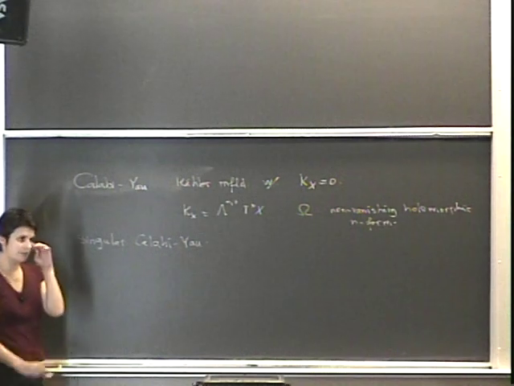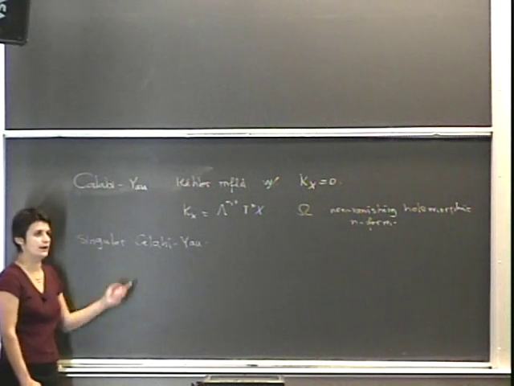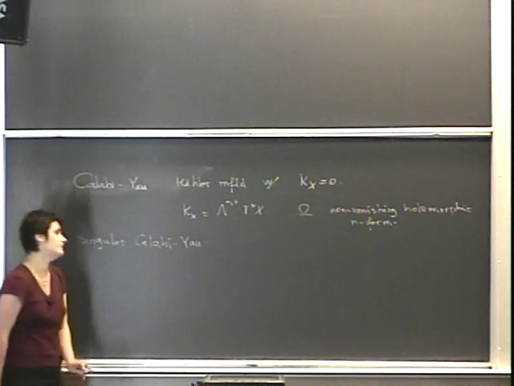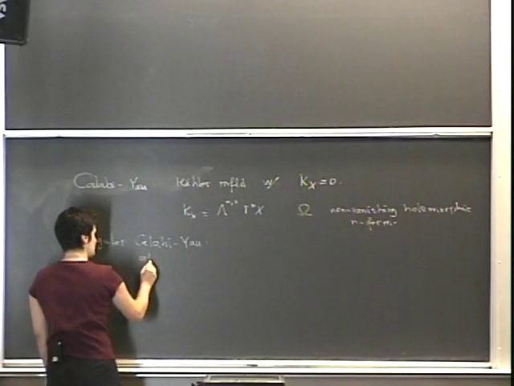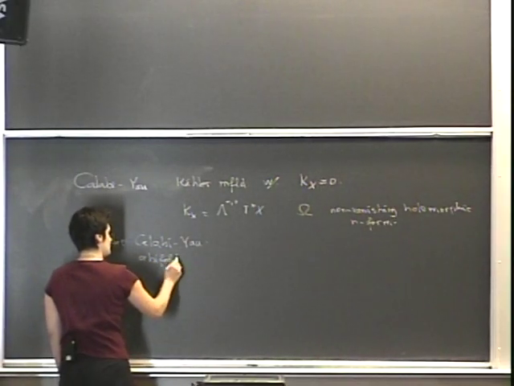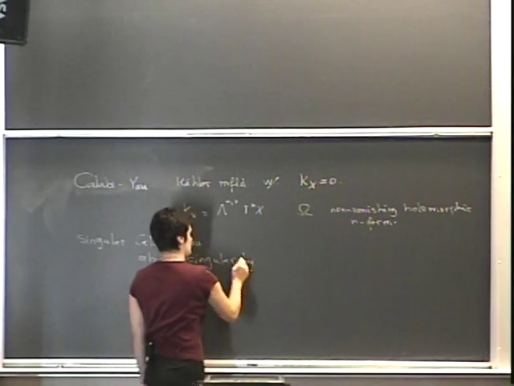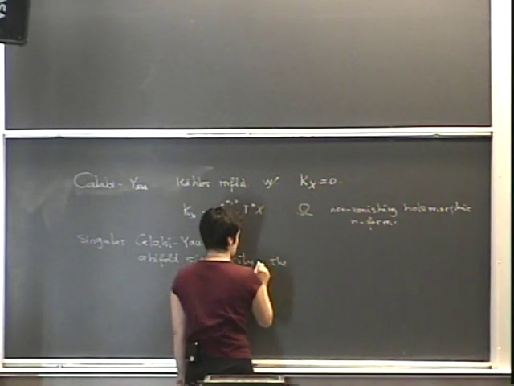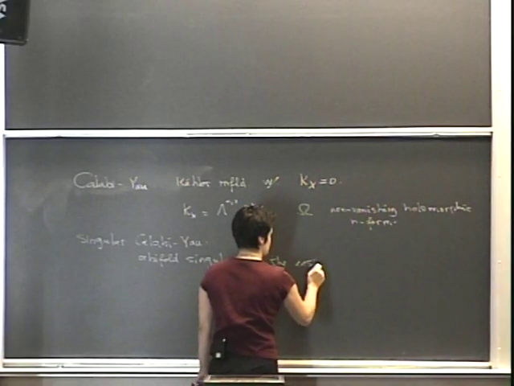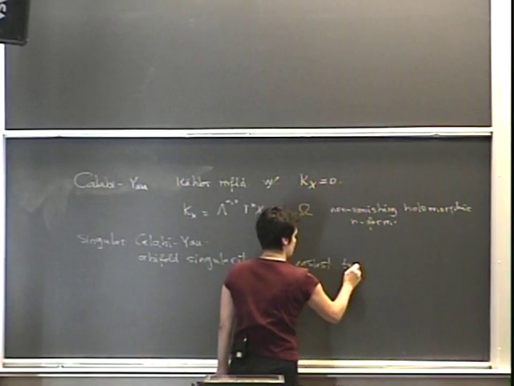And the easiest type of singularity you might have is an orbifold singularity.